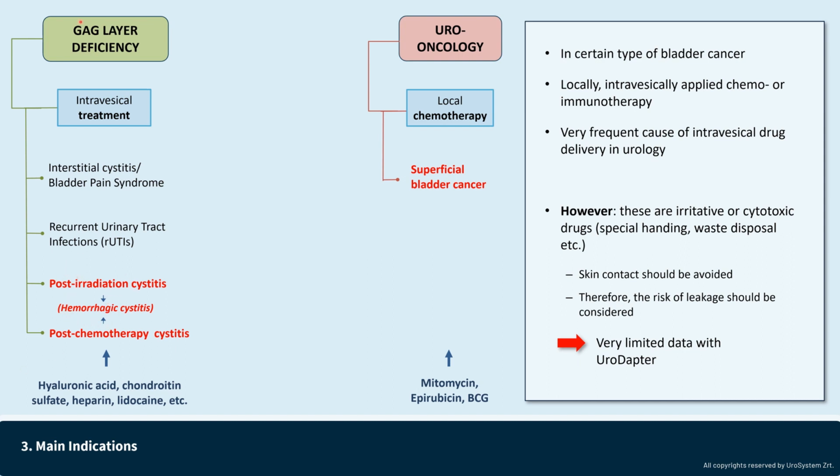These are secondary bladder conditions resulting from unrelated oncological treatments. The aim of intravesical instillations here is to treat these post-oncological treatment conditions with ganglion regenerating drugs. On the other hand, in uro-oncology, intravesical instillations are applied as part of the oncological treatment to treat the cancer itself using chemo or immunotherapeutic agents.